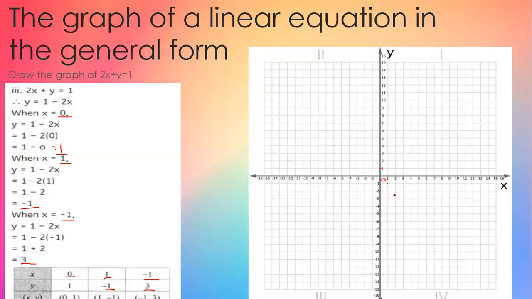Okay. Third one is minus 1 comma 3. So the x coordinate is minus 1 and the y coordinate is 3. On x-axis, where is minus 1? Over here. And on y-axis, where is 3? Over here. So if from minus 1 I draw a line parallel to y-axis, and from 3 I draw a line parallel to x-axis, both the lines will meet over here. So I'm just marking this point. Okay.